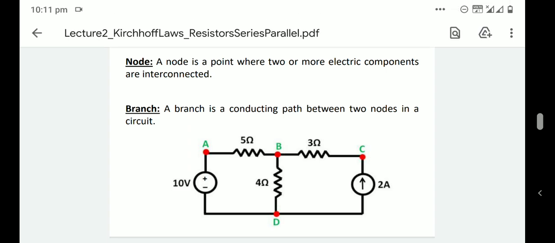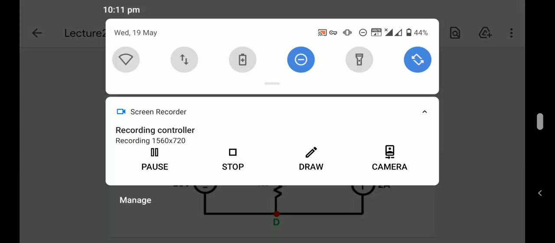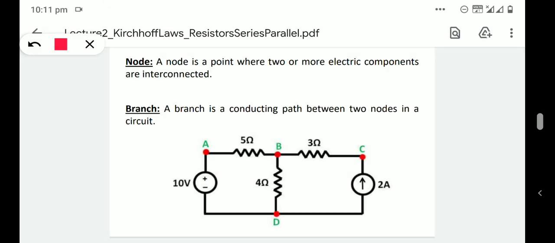So first we are discussing about node. Node means it is a point where two or more electric components are interconnected. So just look at this circuit here. The point marked A is nothing but a node.